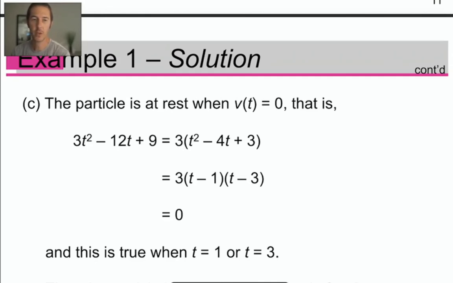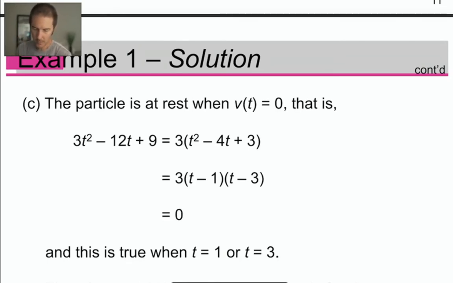In this case, we took a position equation, which was a third-degree polynomial, a cubic. We took the derivative and got this second-degree polynomial, and we're factoring it and setting it equal to 0. I don't love the way that this was formatted.